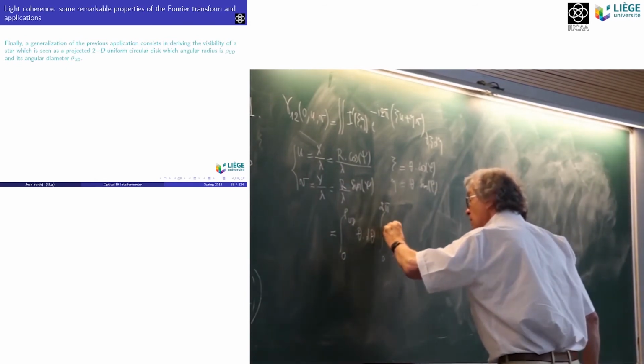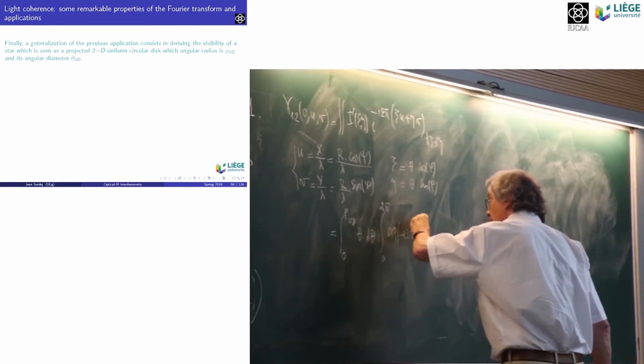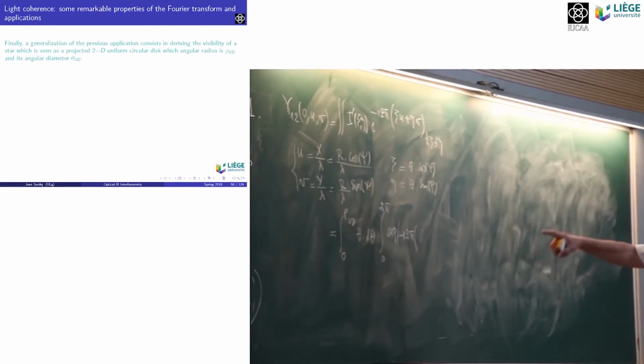Now times the exponentiation of minus i 2 pi of zeta.